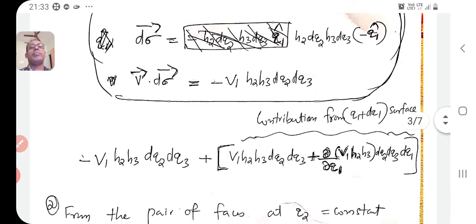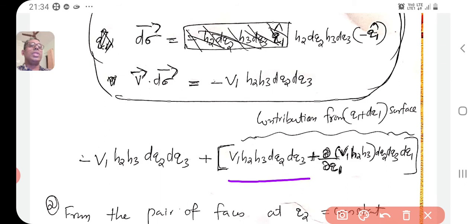So we have v1 h2 h3 dq2 dq3 on the top surface, and it varies like this: dou by dou q1 of v1 h2 h3 dq2 dq3 into dq1.